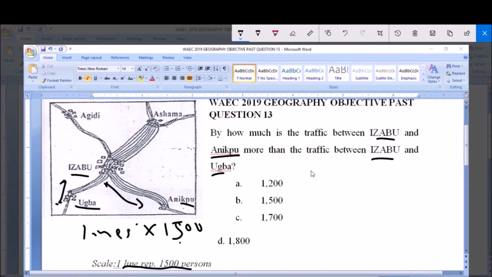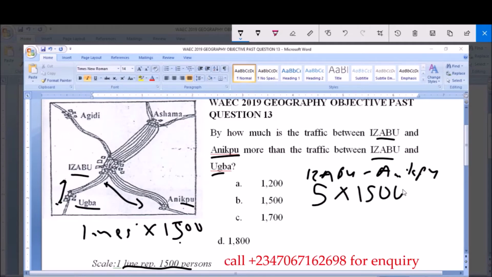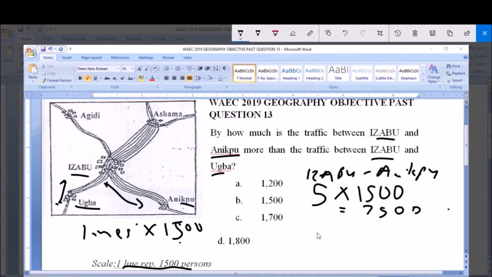So Izabu to Anipu is 5 lines, and 5 multiplied by 1,500 is equal to 7,500. Now the second one is between Izabu and Uba.